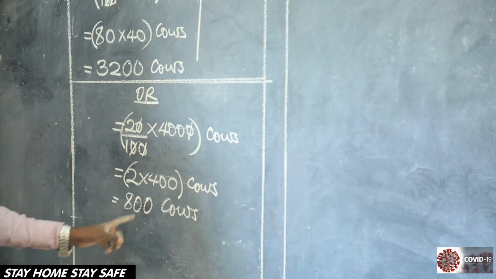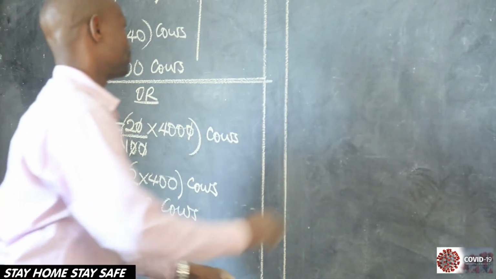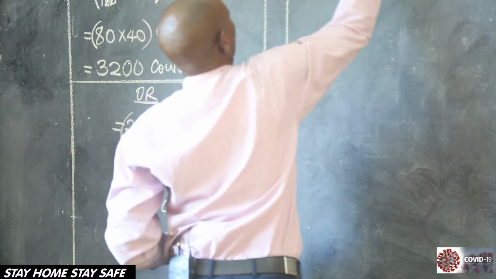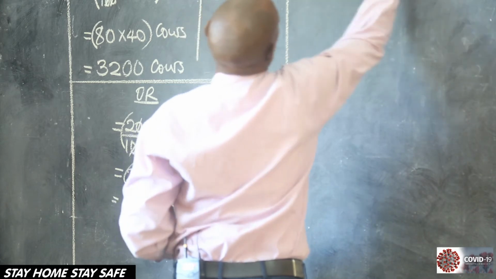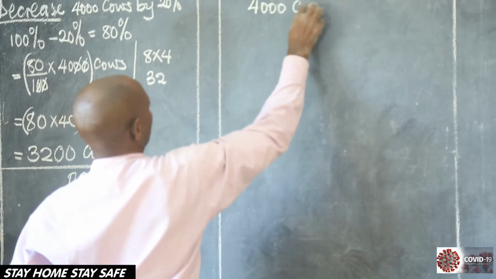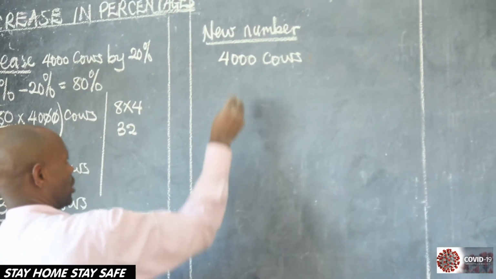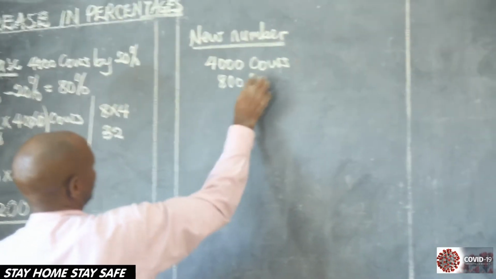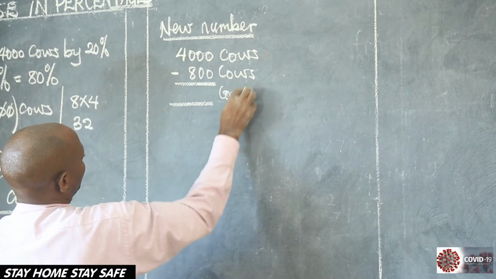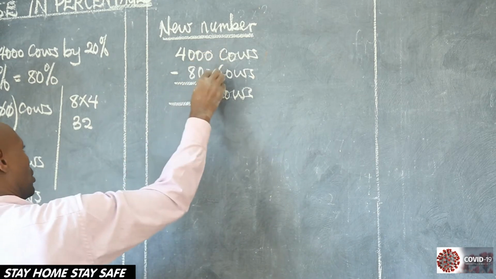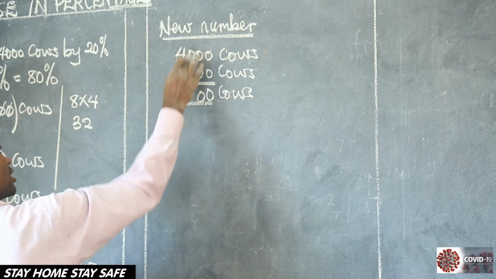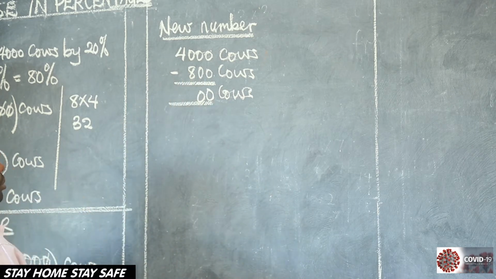You subtract. So the new number is going to be 4,000 cows. Then you take away 800 cows. 0 take away 0, you get a 0. 0 take away 0, we get a 0. 0 take away 8, we have to regroup.